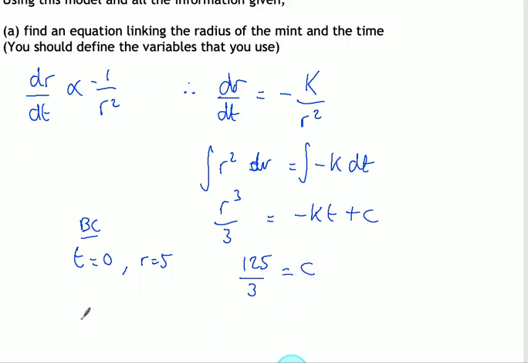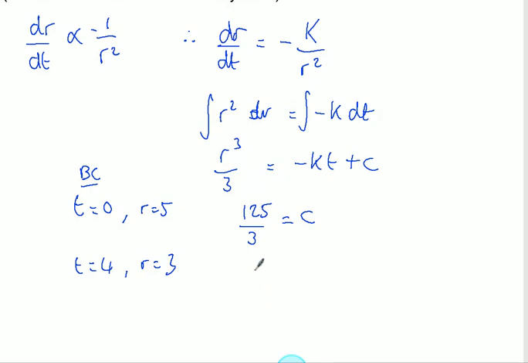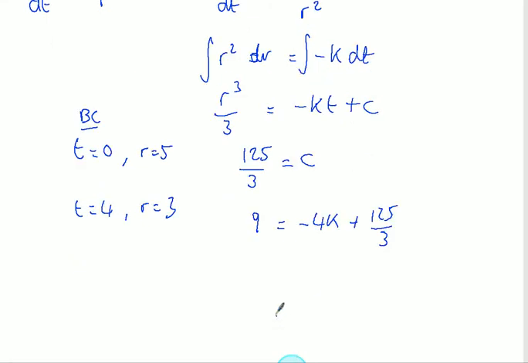And we're also told that after 4 minutes, the radius is 3. So that would be 9 is equal to negative 4k plus 125 over 3. Now just got to work out what k is. It works out that k is 49 over 6.